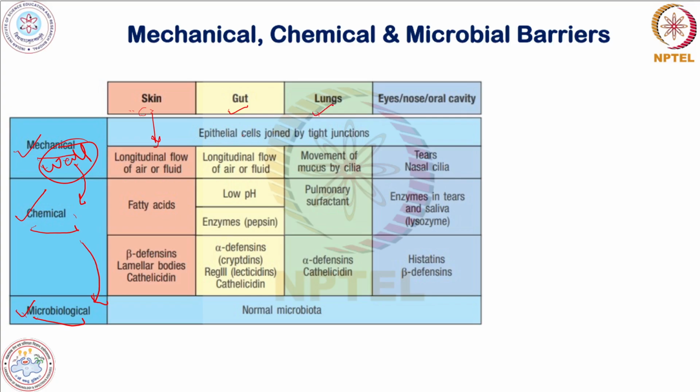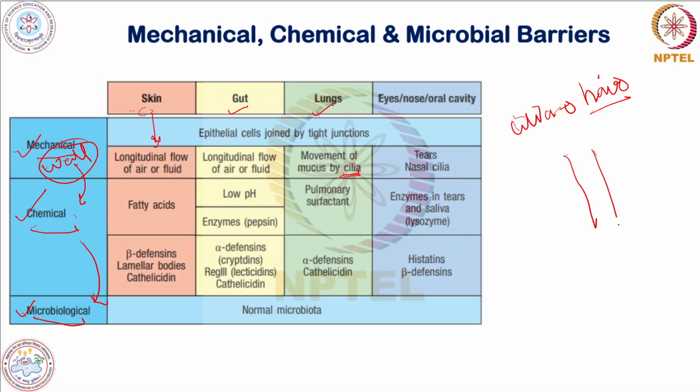The next one is the lungs. What do the lungs do? They have cilia. The cilia are tiny hair-like projections. They move mucus and trapped microbes out of the airways.